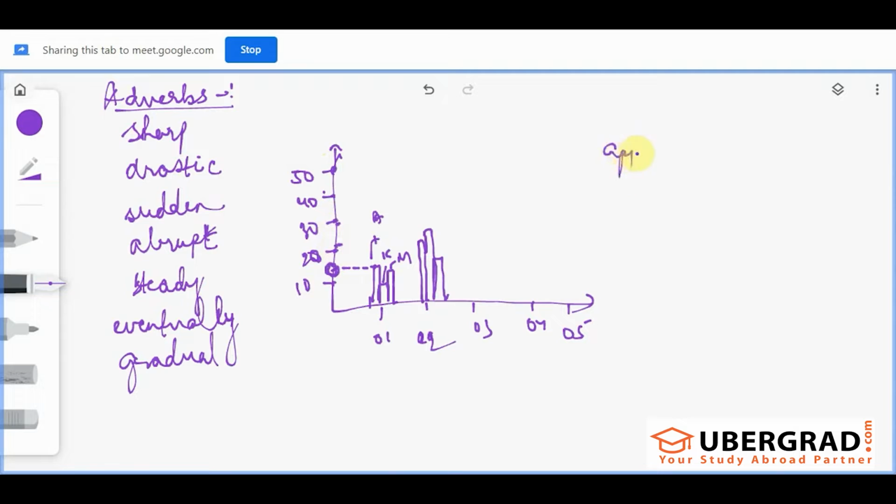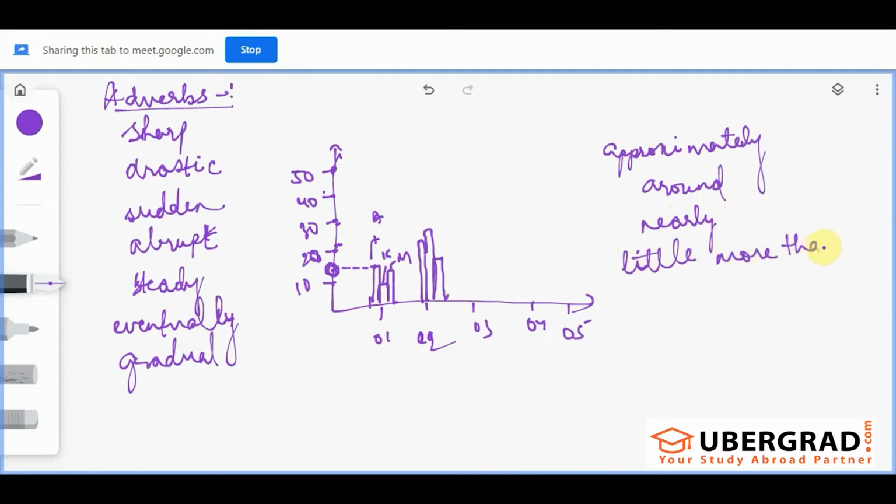When the point is in between 2 marks of the discrete value, you should use words like approximately, around, nearly, little more than, and little less than.